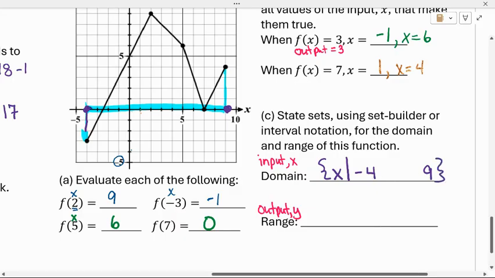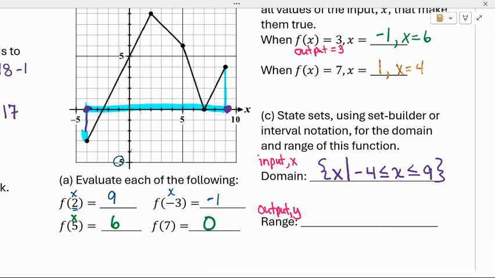So we're going to write it as an inequality. -4 is less than or equal to x is less than or equal to 9.